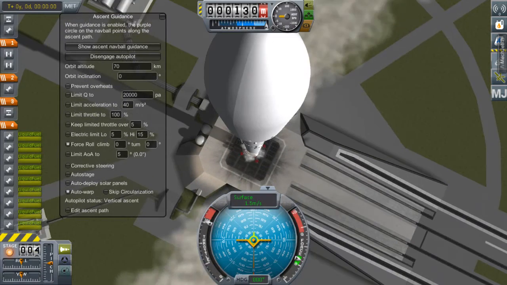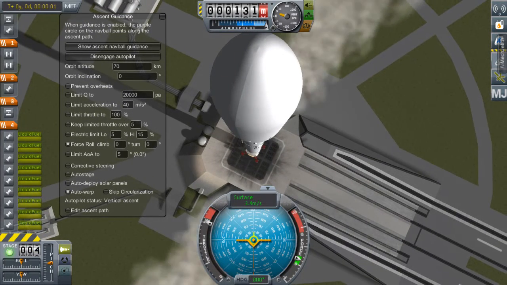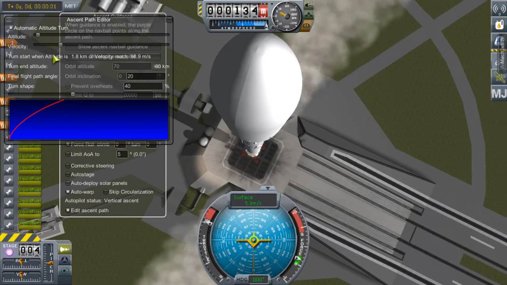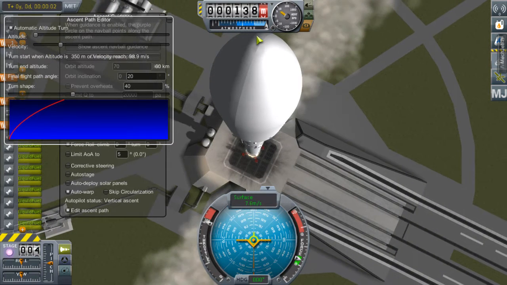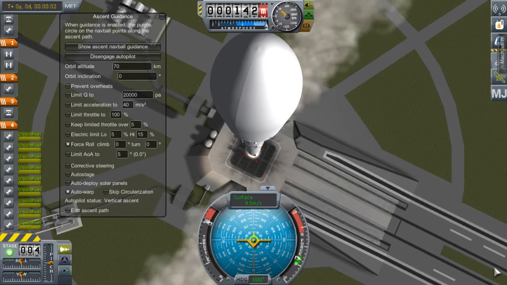Launch, launched. That last flight you saw was a simulated mission.